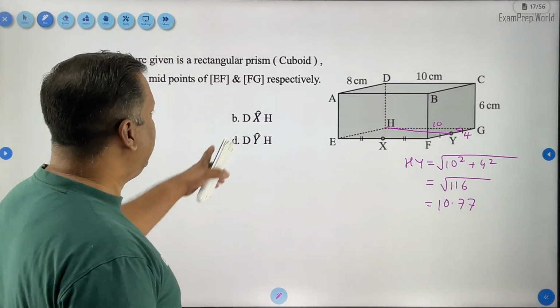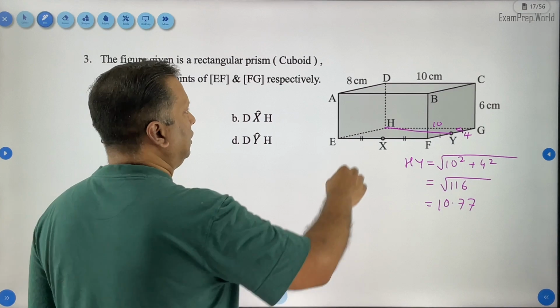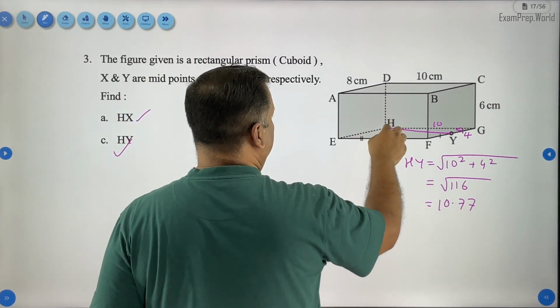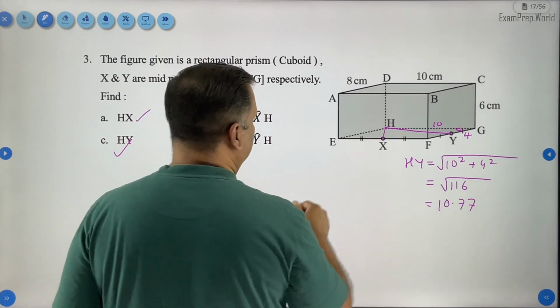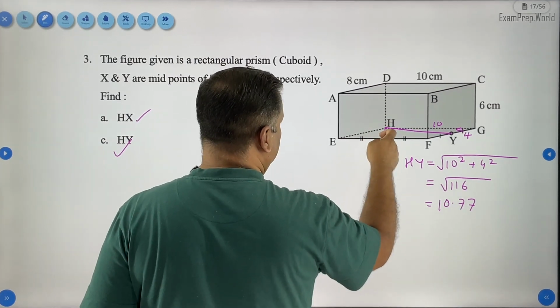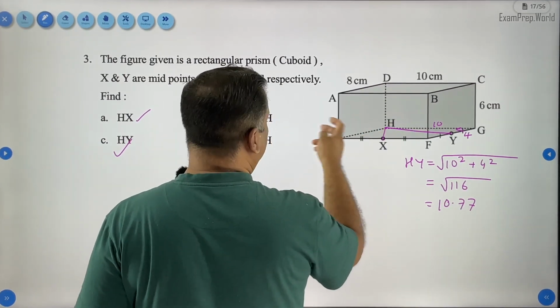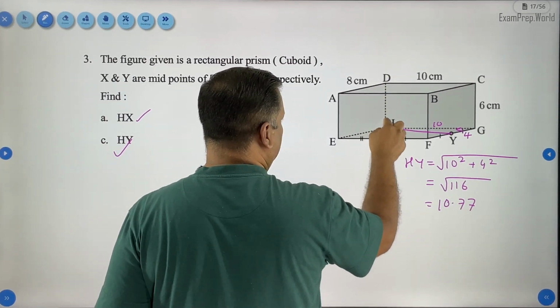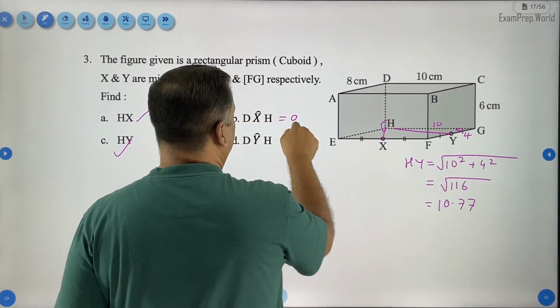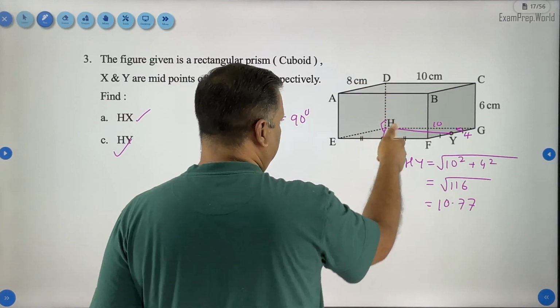Now angle DXH. Sorry, we had to find HX. DHX is 90, because if you join HX, this angle has to be 90 degrees. Because it is perpendicular.